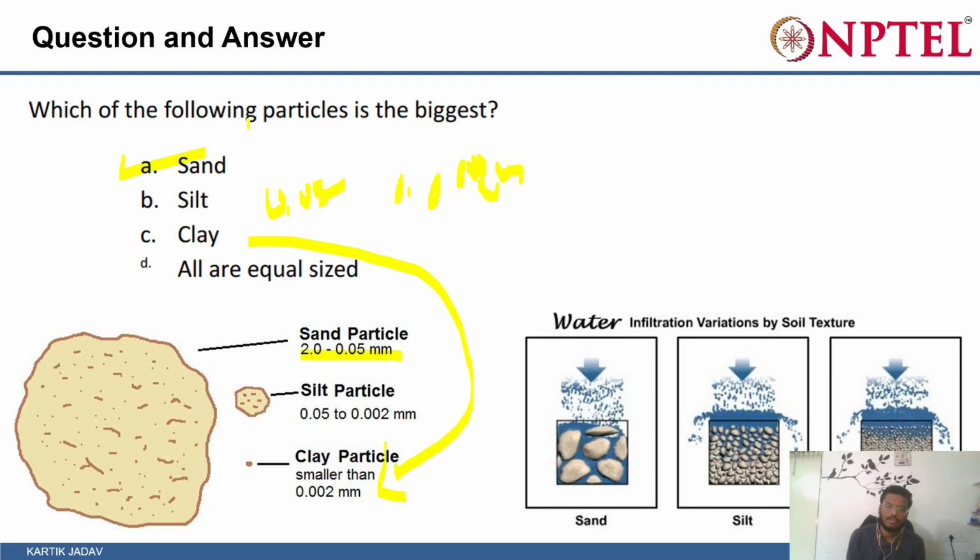In the case of sand, we know that it has a higher water infiltration capacity as compared to silt and clay. While in the case of water holding capacity, we know that clay soil has a higher water holding capacity as compared to the remaining two. The correct answer here is sand.